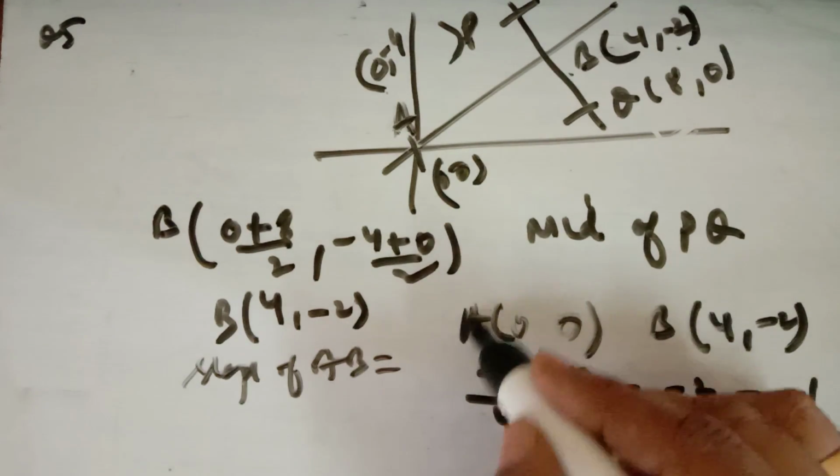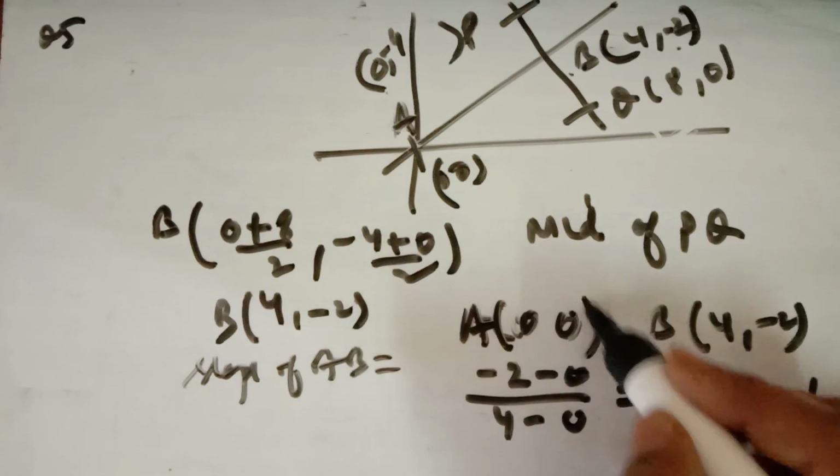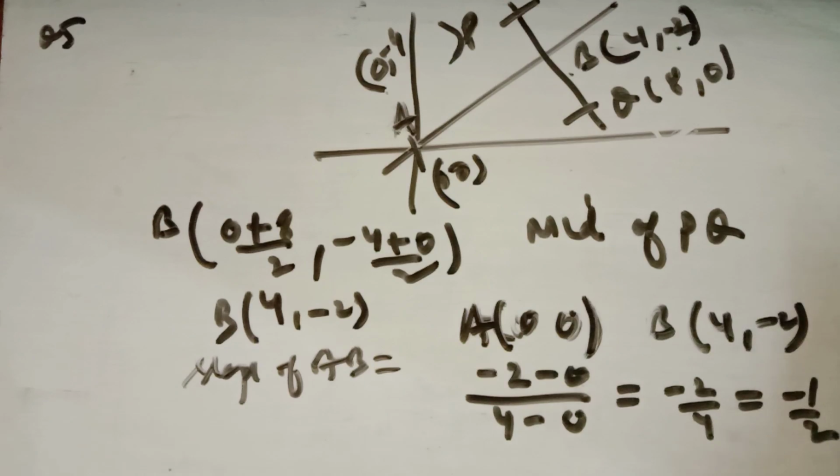This is the slope of the line AB. So this is question number 5.